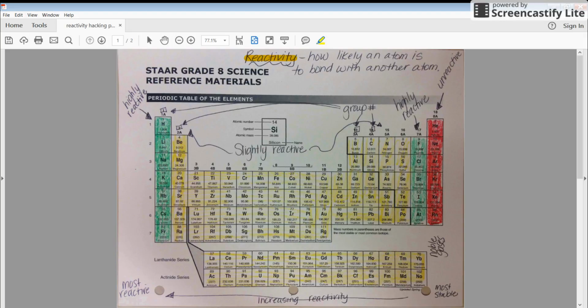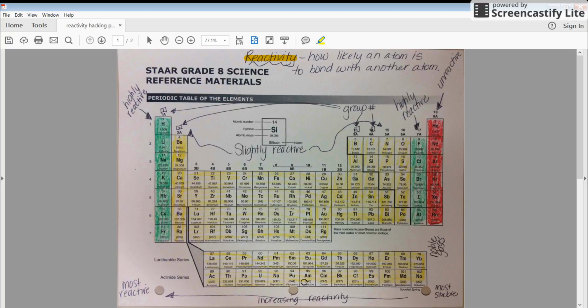After you write the definition of reactivity, I need you to get out the colors yellow, green, and red. And as you can see, we're going to color those onto our periodic table to designate 3 different categories of reactivity on the periodic table.